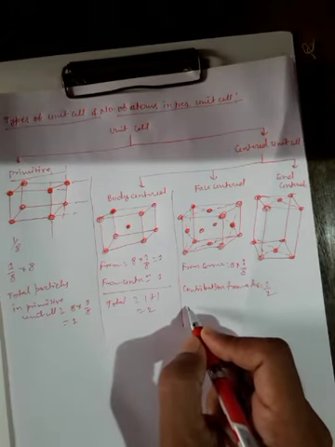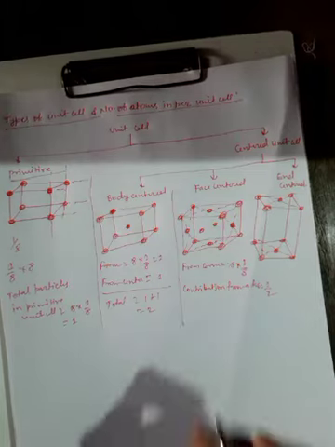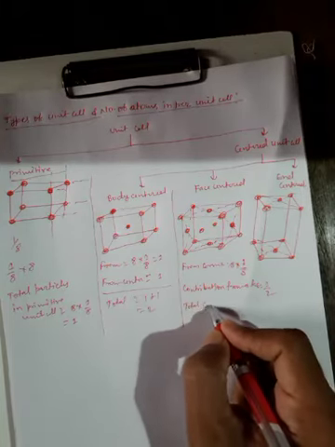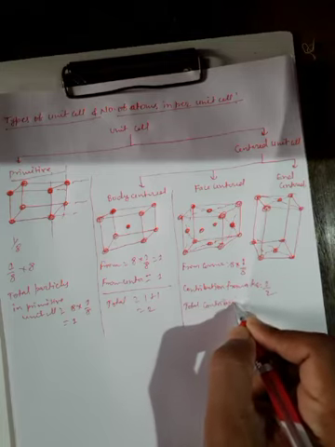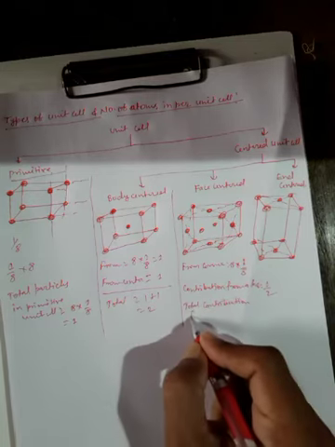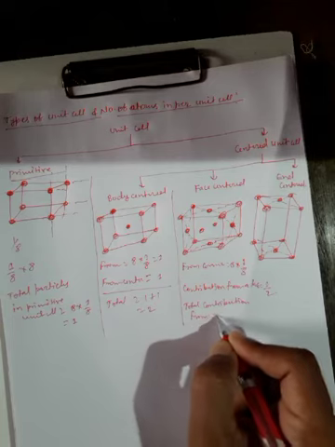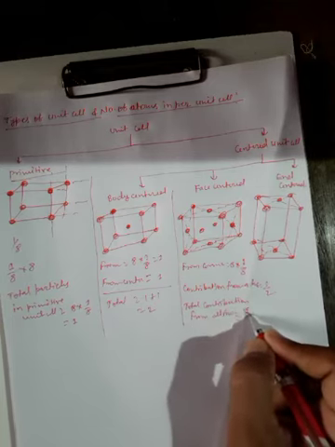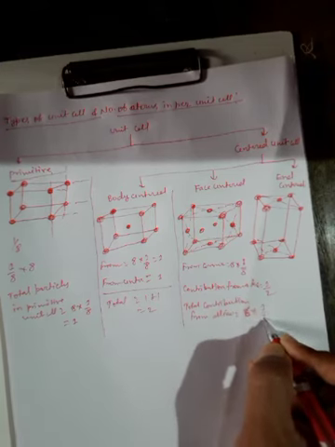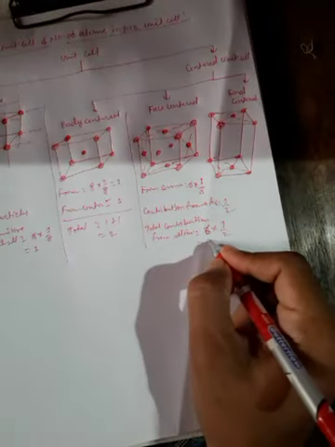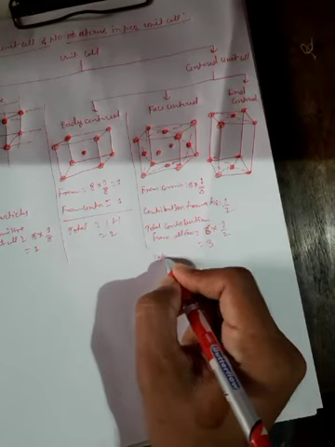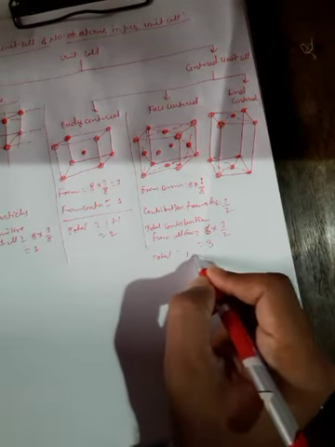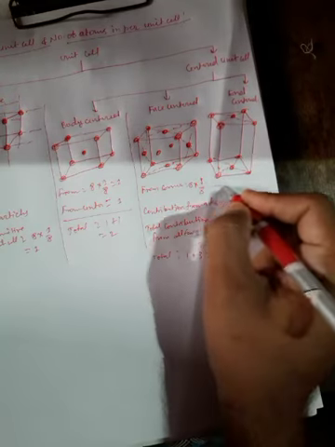Since there are 6 faces, the total contribution from all faces will become 6 into 1/2, which is equal to 3. So the total contribution will become 1 plus 3, that is 4.